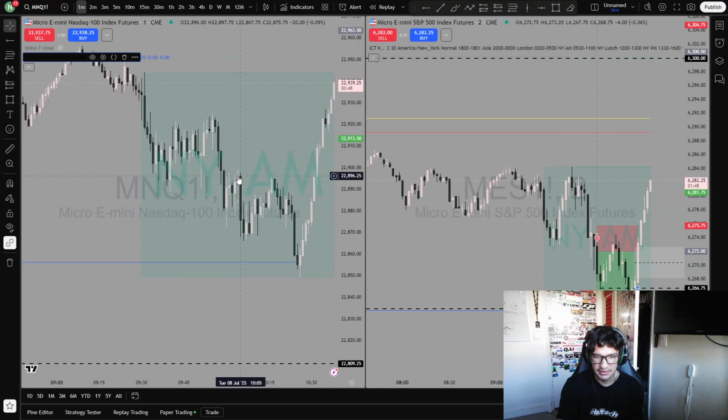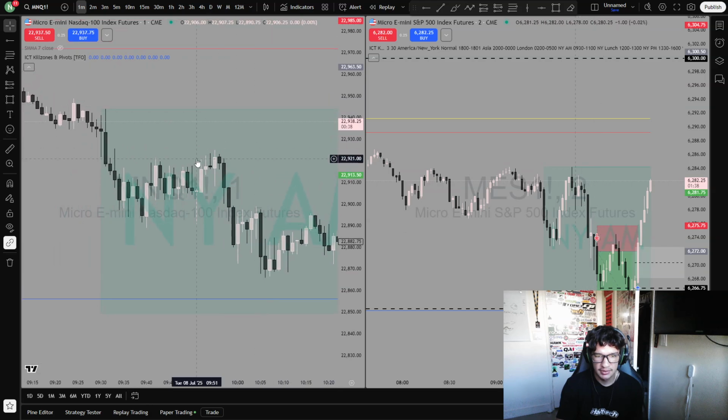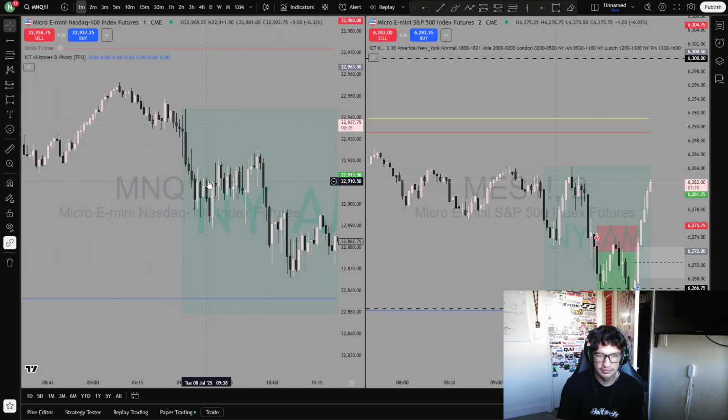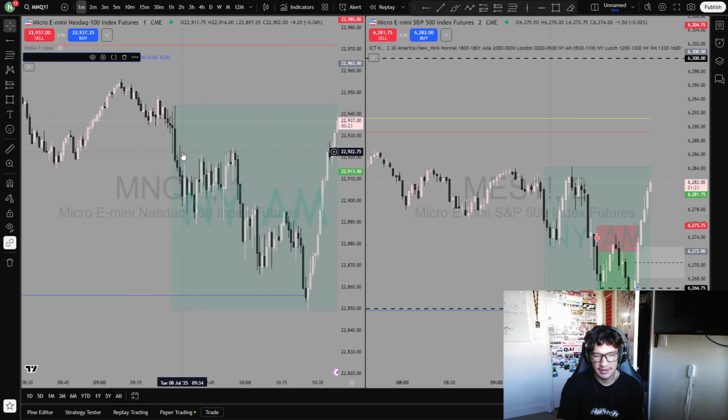I see an easy entry right here, which is pretty much what I took on S&P. Because right here, there's no fair value gap, no super clean PD array. I probably would have entered somewhere around here and stops up here.